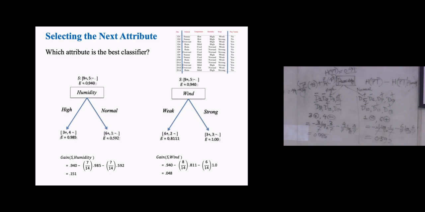And that value is 0.15. So not much gain. There is some gain, 0.15. Not much. Any question?